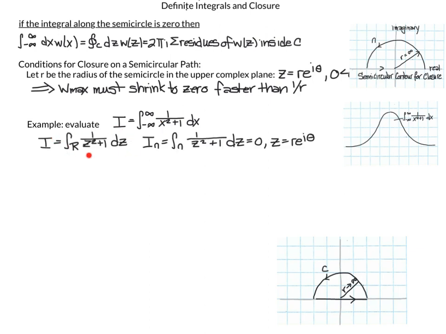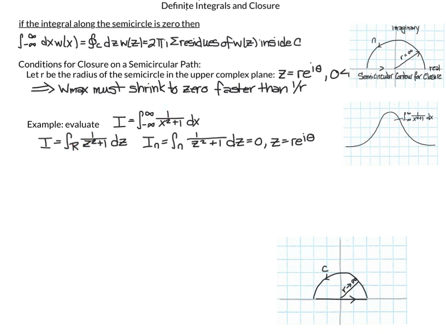I start by converting my integral into an integral of complex numbers, 1 over z squared plus 1 dz, and I'm integrating only over the real axis. So the numbers I'm plugging in are only real numbers, which is how we manage to keep the equality between these two integrals.